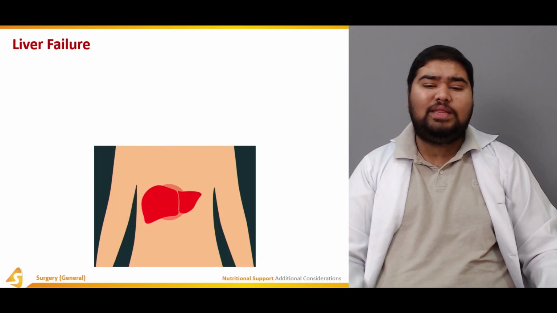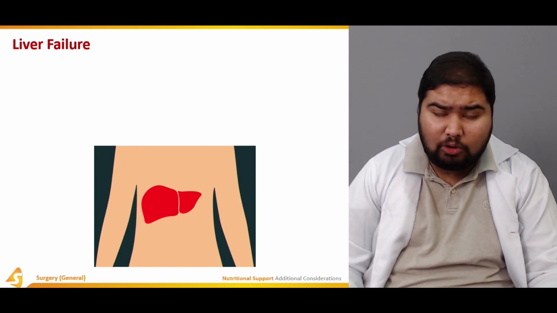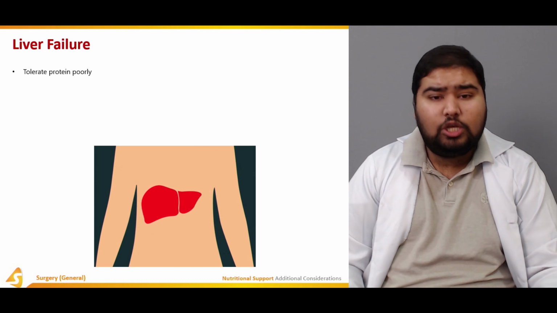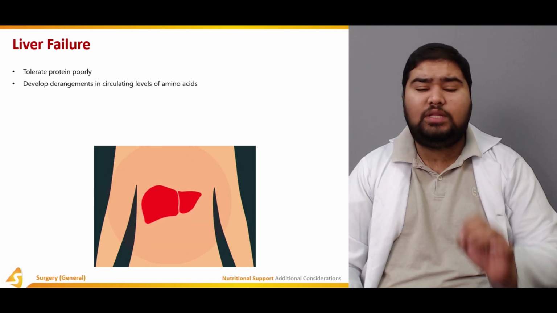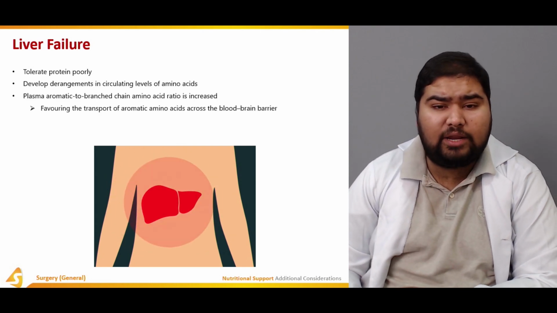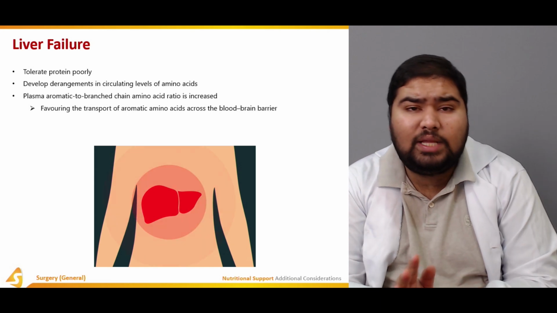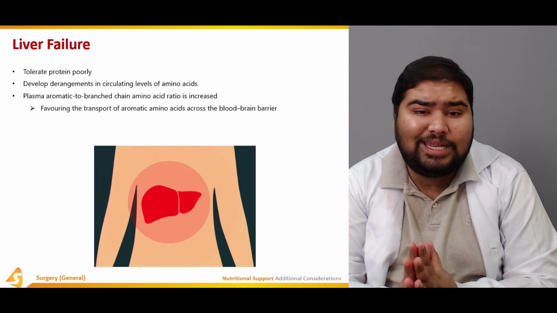Now, what about liver failure? So if a patient has liver failure, how will you manage the nutrition? These patients will tolerate protein poorly, so they develop derangements in the circulating level of amino acids. Now the plasma aromatic to branched-chain amino acid ratio is increased.